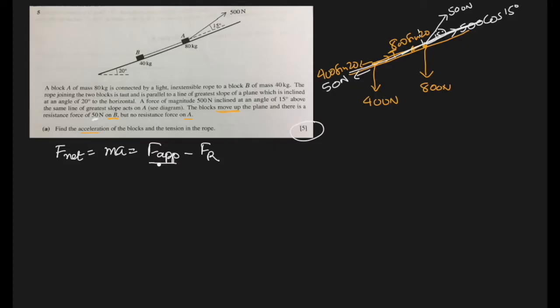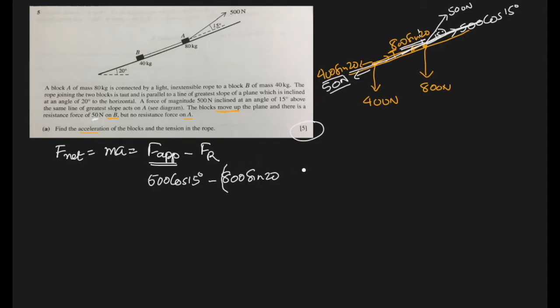The only force going forward is 500 cos 15 degrees. This 800 sine 20 is in the opposite direction, so we will write minus 800 sine 20. This 50 is also in the opposite direction. This 400 sine 20 is also in the opposite direction.